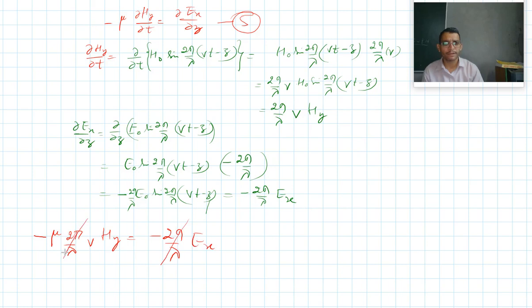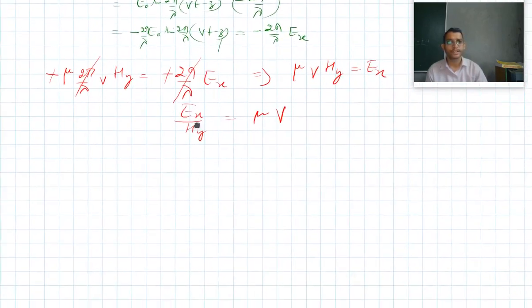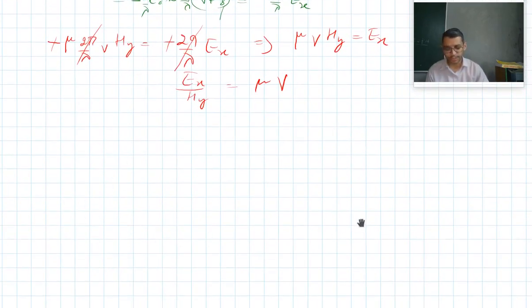This 2 pi by lambda will cancel out, and this negative sign will cancel out. So it can be written as mu v Hy is equal to Ex. Therefore Ex upon Hy can be written as mu v.